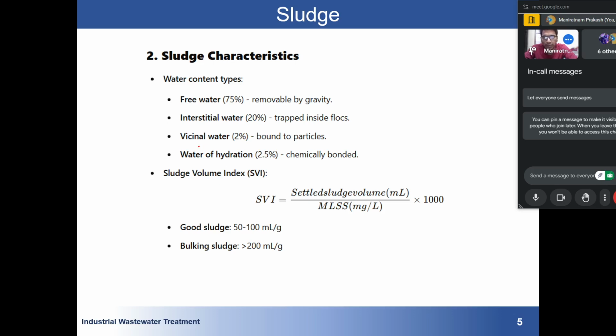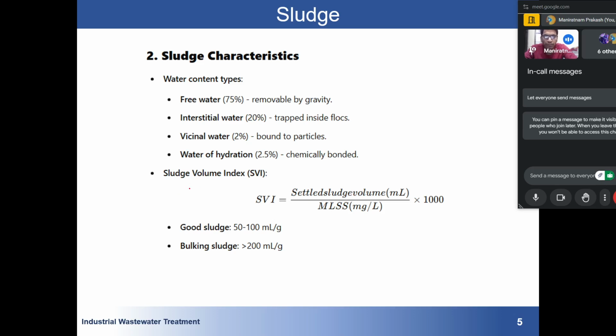Then we have vicinal water, which is bound to the particles. It is attached, meaning there is a particle and water is surrounding it, so we have to remove it by some other advanced process. Then we have water of hydration, that is chemically bonded.